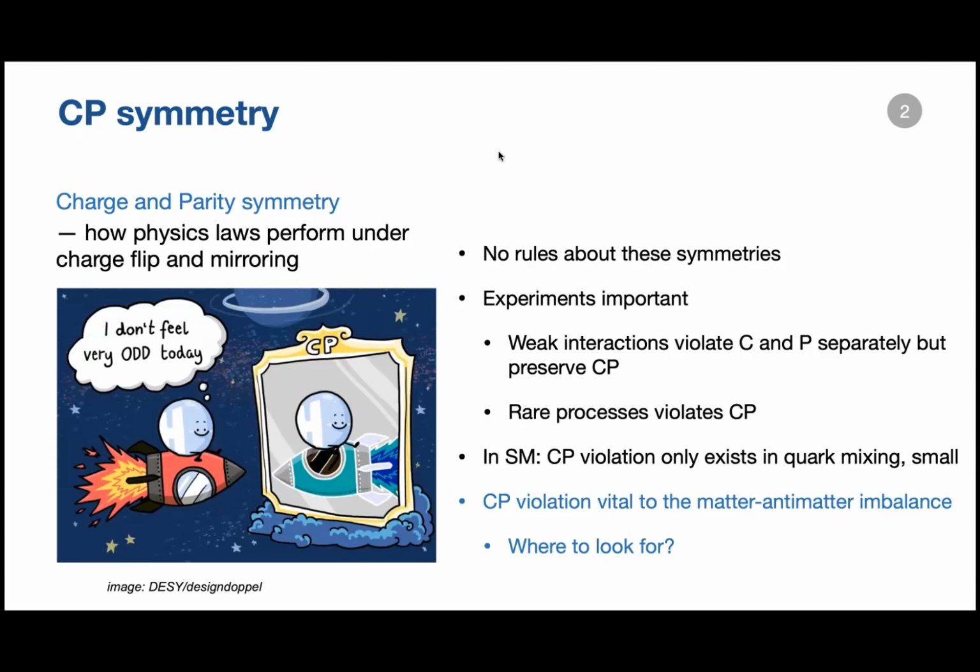But when you combine the two, then CP is preserved. Later on, people also found some rare processes where the CP in combination is also violated, for example, in the kaon decay and some other processes found in the HCB experiment, showing that CP does not really conserve.